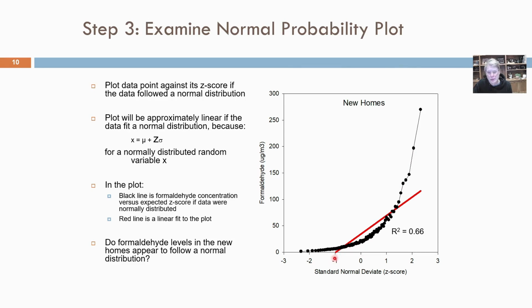For comparison, the linear relationship between the y-axis and the x-axis variable is shown with this red line. So just looking at this normal probability plot, we would conclude that the formaldehyde levels in the new homes do not appear to strongly follow a normal distribution, or perhaps may not follow a normal distribution at all.